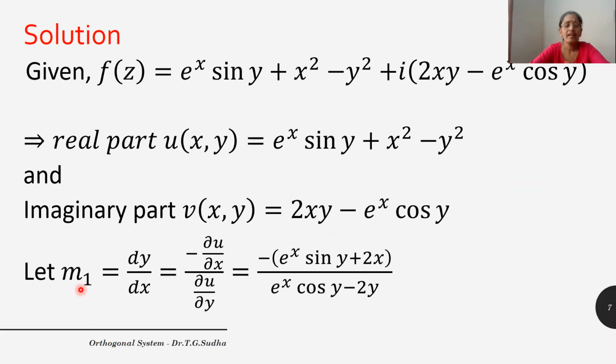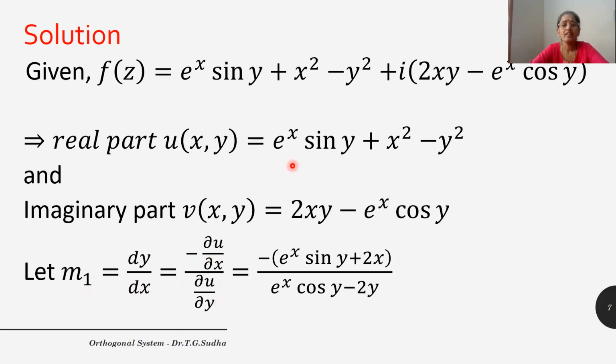So let us calculate m1, that is with respect to the curve u = c1, and that is given by dy/dx = -ux/uy, that is the partial derivative of u with respect to x divided by the partial derivative of u with respect to y.